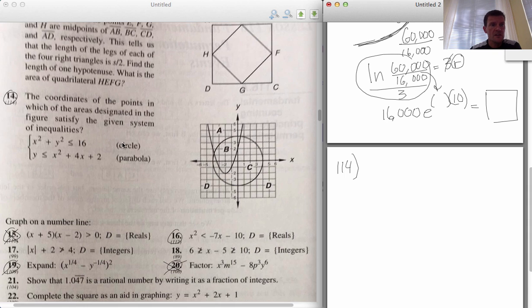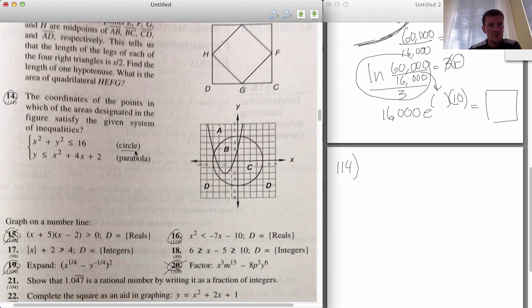Alright, so it's asking us, you have a circle, it's actually drawn for you, which is nice, and a parabola, which is drawn for you, which is nice, and it's asking you which of the regions on this particular graph is going to satisfy this system here. Okay?